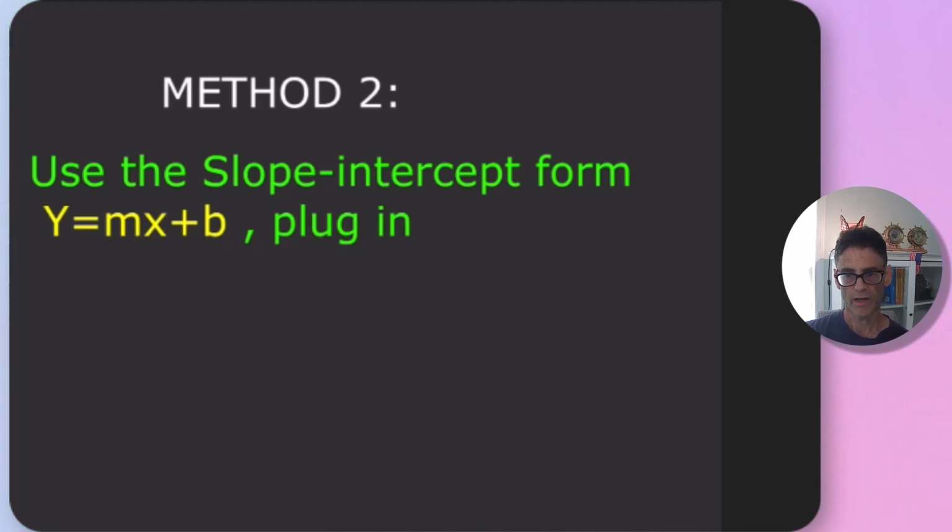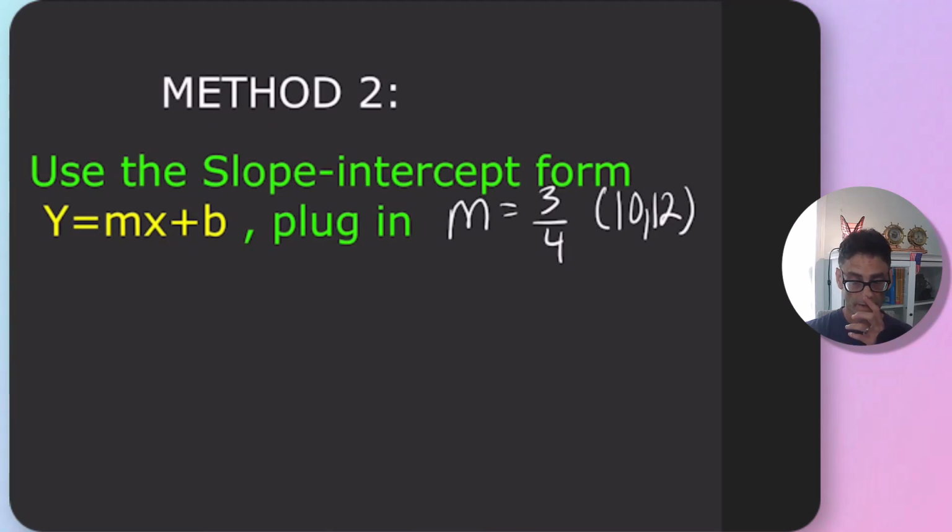Here is another method which is similar. Let me recall what I had. I have m is 3/4 and the point was 10, 12. I'm going to show you a different way to do this, and it isn't a formula like I just did with the point slope formula. I'm just writing down the equation. This is the slope-intercept form of the equation for a line, which is y equals mx plus b.